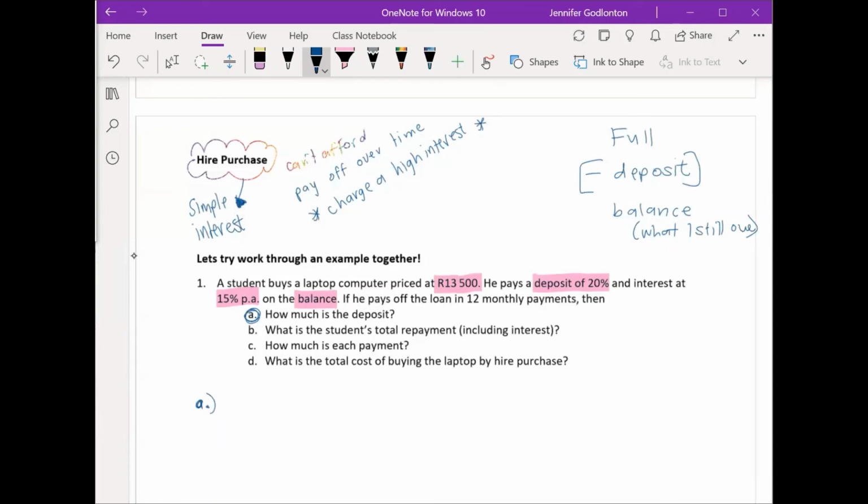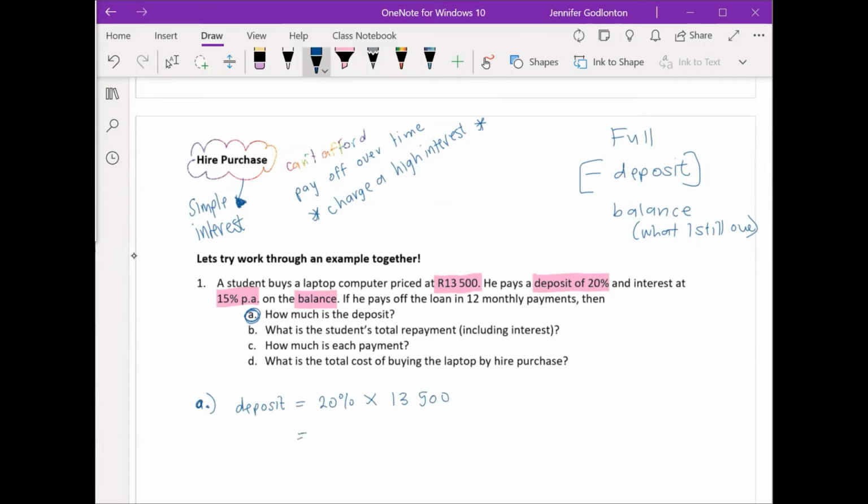Okay, so some of the answers that were coming in here, if I'm wanting the deposit, this is just a percentage question. Let me write it like this. The deposit is equal to 20% of, and remember of is times in maths, 13,500.